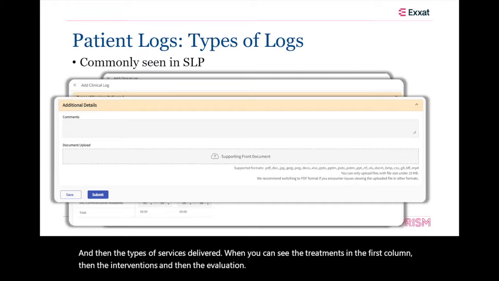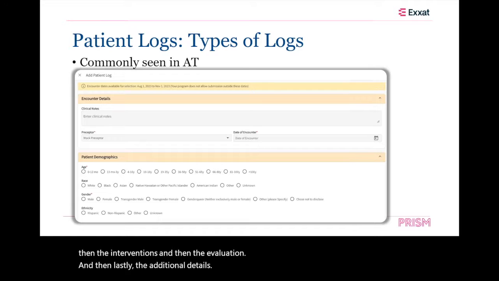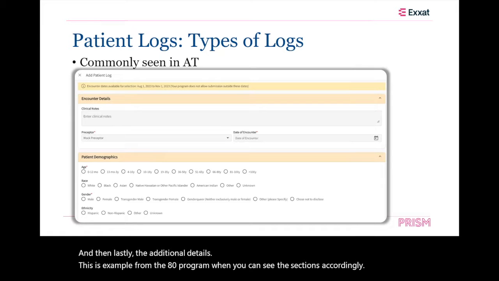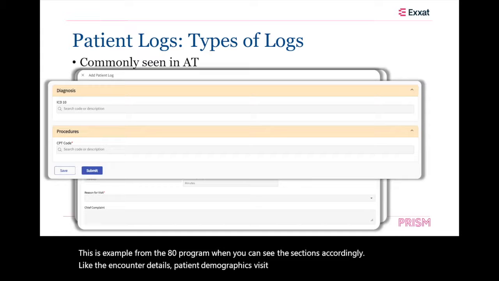And lastly, the additional details. This is an example from the AT program, wherein you can see the sections accordingly, like the encounter details, patient demographics, visit information, diagnosis, procedures.